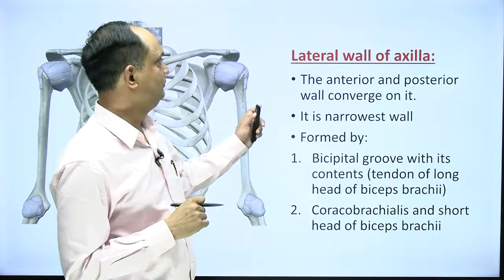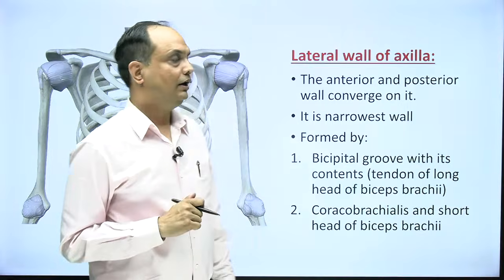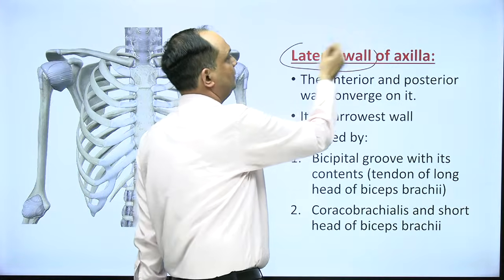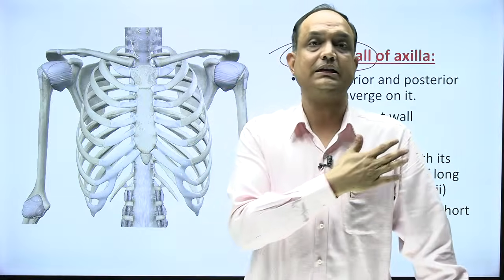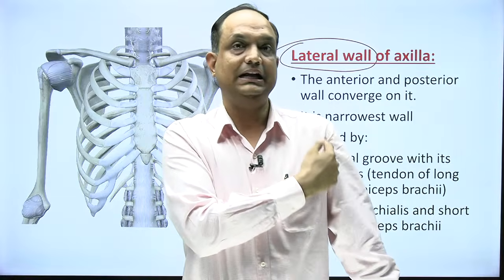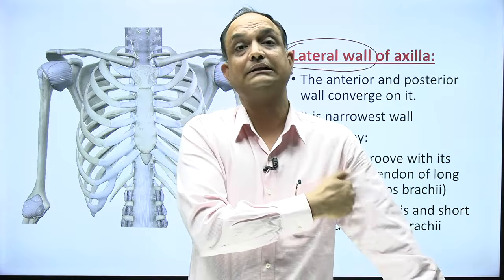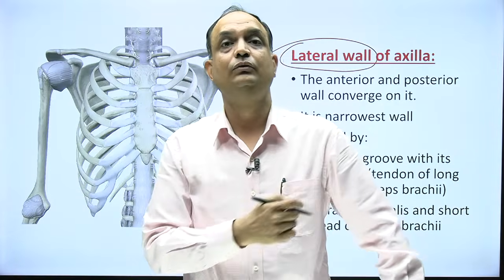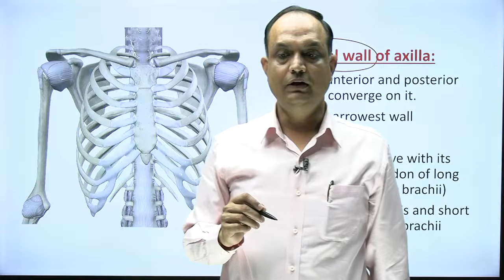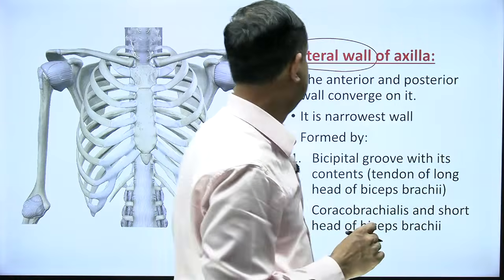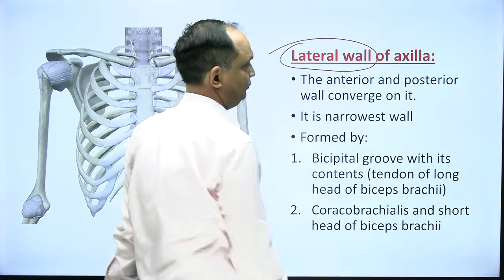Okay, so now we'll move to the lateral wall of the axilla. Now, dear students, when you see your upper limb, this is the lateral wall of the axilla. This lateral wall corresponds to the inner side of the humerus, and here you will come across one of the important things, your bicipital groove. Clear?